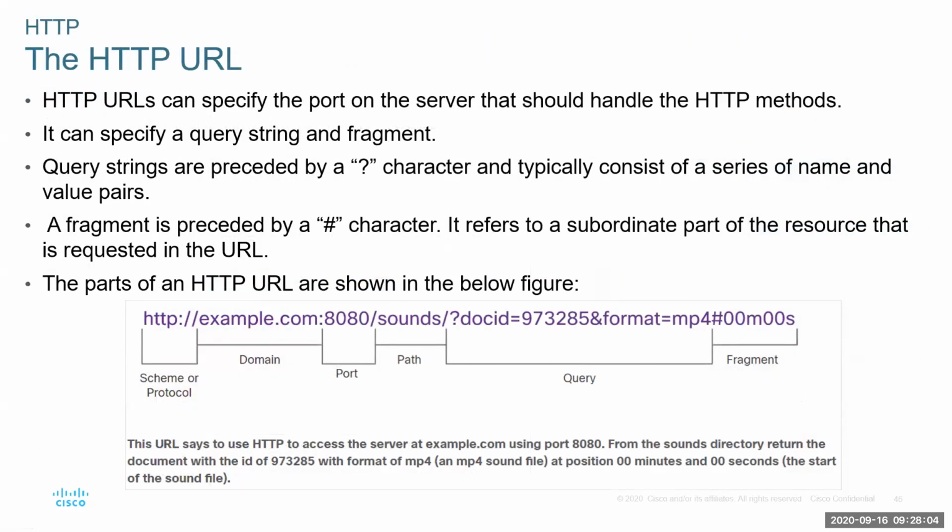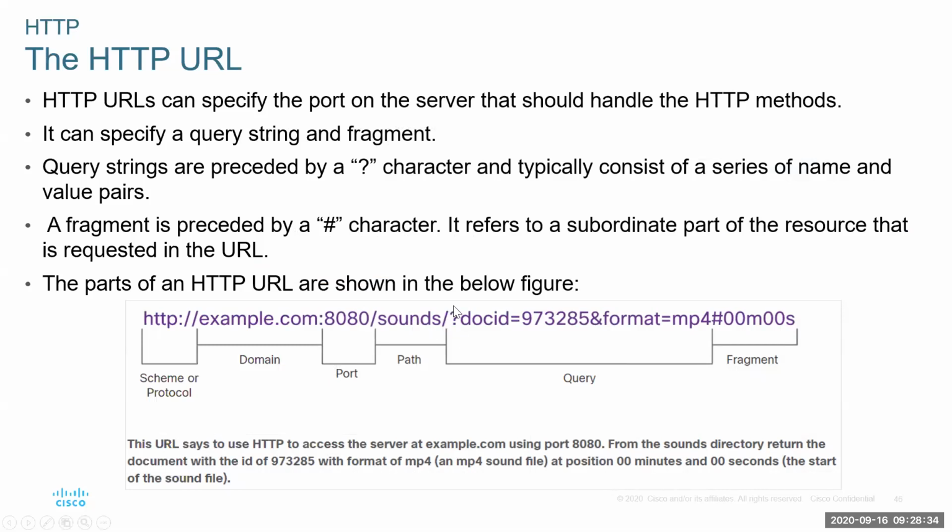So the URL, when you look at URLs or you're specifying something in there, you typically have the scheme or protocol, HTTP or HTTPS. Typically HTTPS is going to be on port 443, where port 80 is your standard HTTP. However, if it's on a non-standard port, you're going to see the domain and then a colon and a port number. This means that you have a web service running on a non-standard port. You then have a path, which is going to be this folder here.